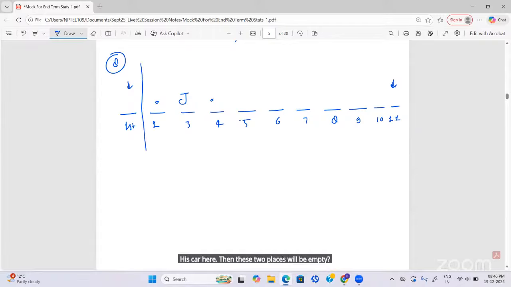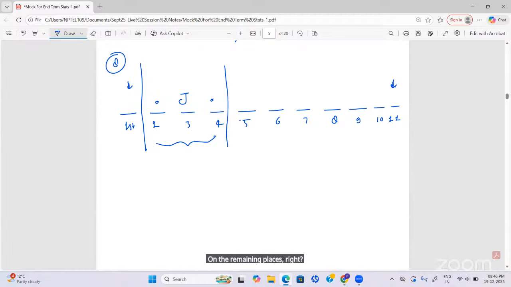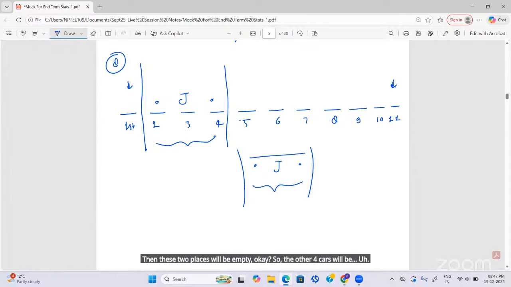From the remaining places, just discard these three places. The other four cars will be parked on the remaining places, right? You can take John's car anywhere. If it is here, then these two places will be empty, and the other four cars will be parked on the places other than these three places.